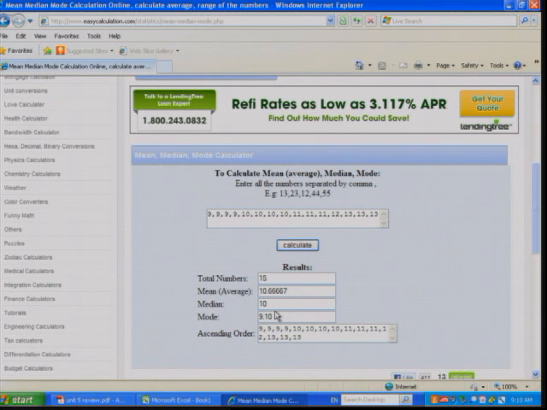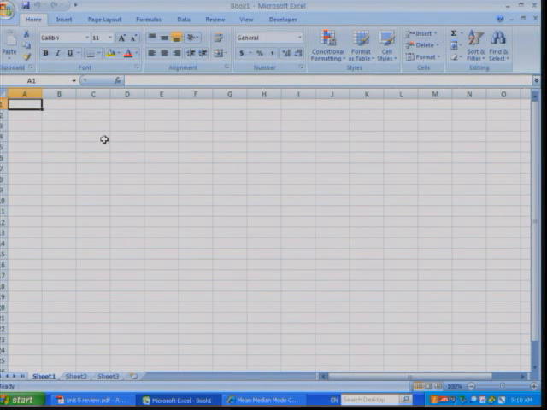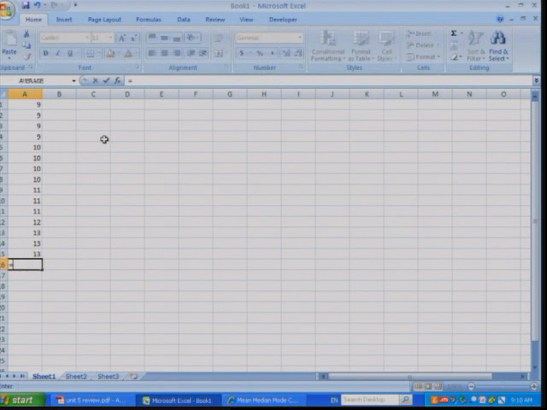You could also do this in Excel. If we come into Excel, we can enter the data, four 9s, four 10s, and then just down here we can say equals the mean of the data and highlight the region.